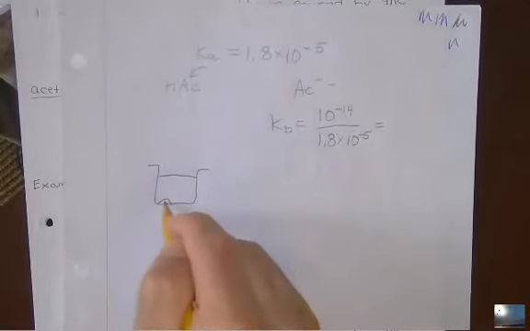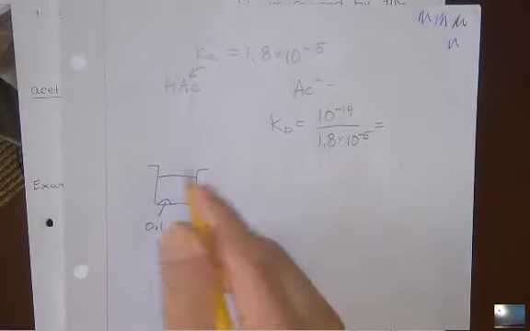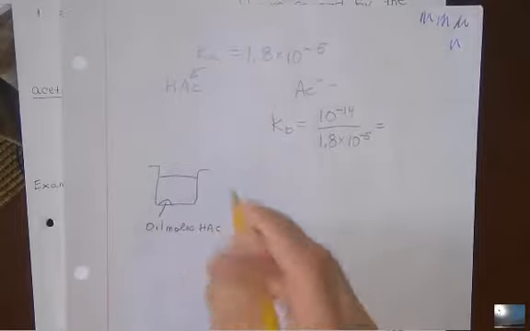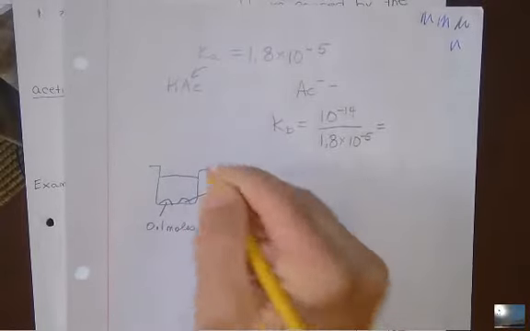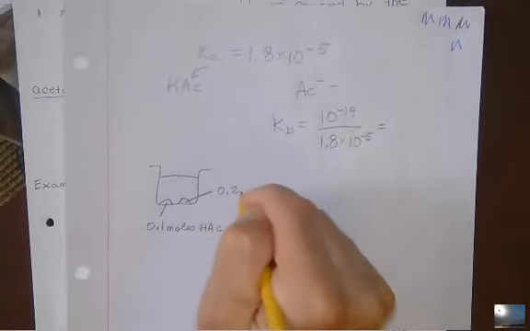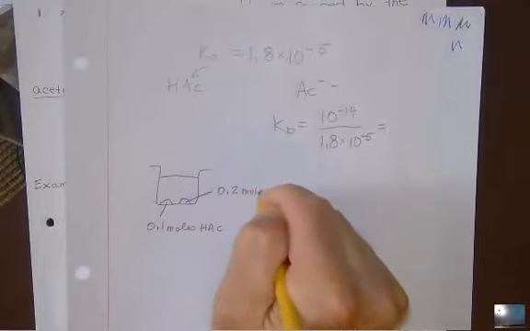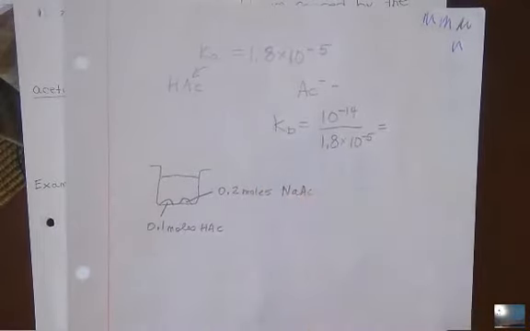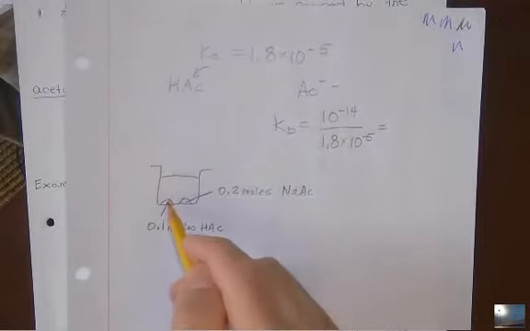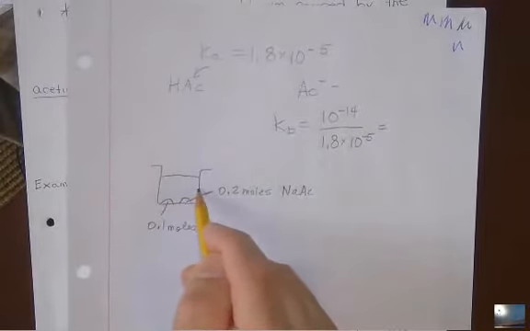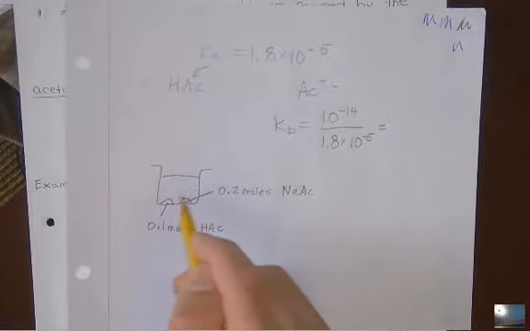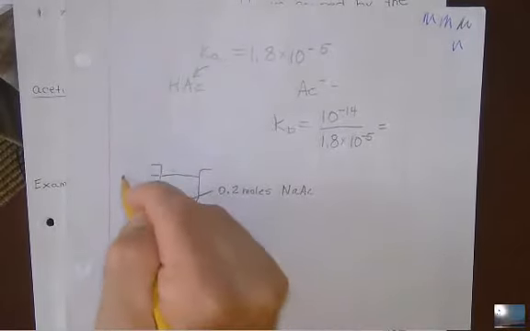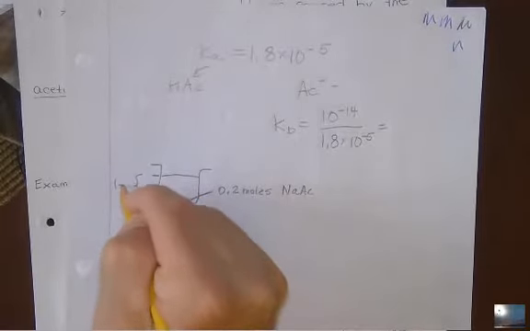You take 0.1 moles of HAc and 0.2 moles of NaAc, sodium acetate, put a little bit of water in, get that all to dissolve so it's nice and homogeneous, then fill it up to the line so that you have a total solution of 1 liter.